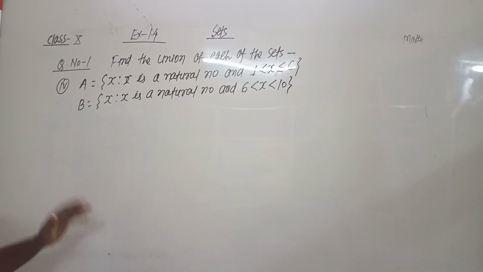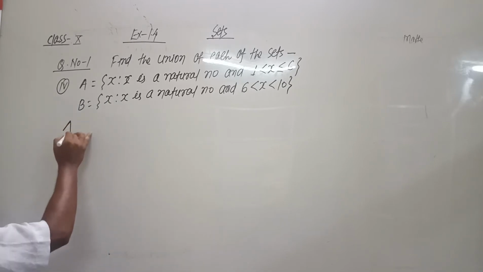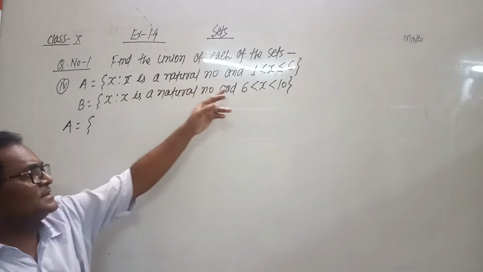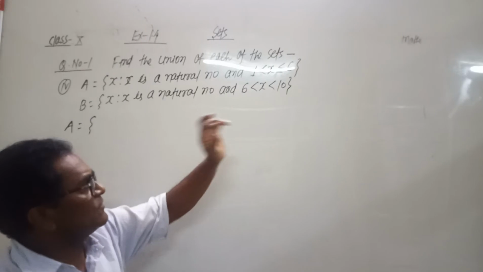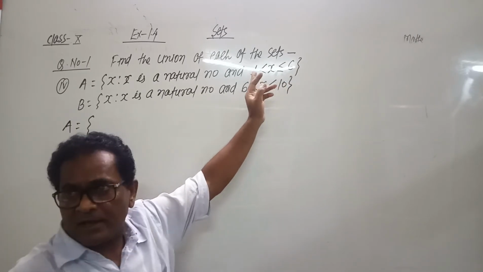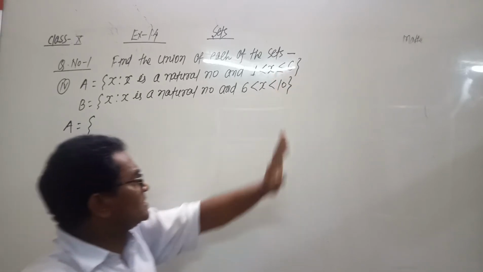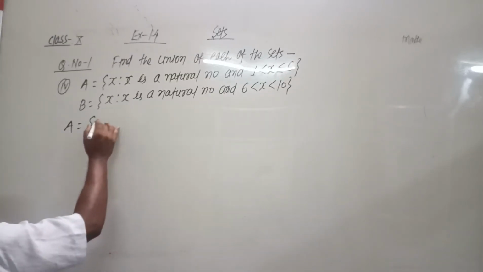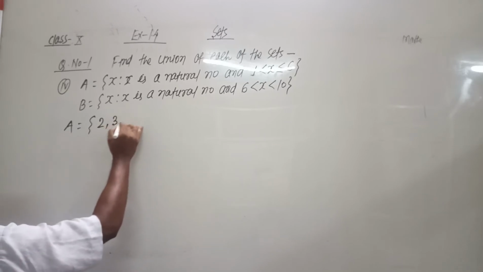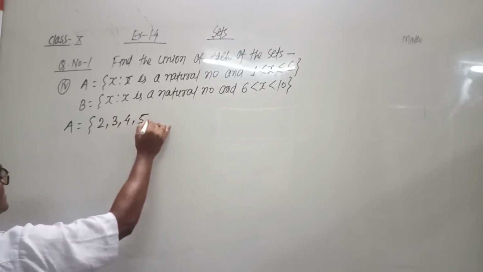So firstly we will have to convert it into roster form. So X such that X is a natural number and the value of X lies from 1 to 6, where 1 is excluded and 6 is included. So the value of A will start from 2: 2, 3, 4, 5 and 6.